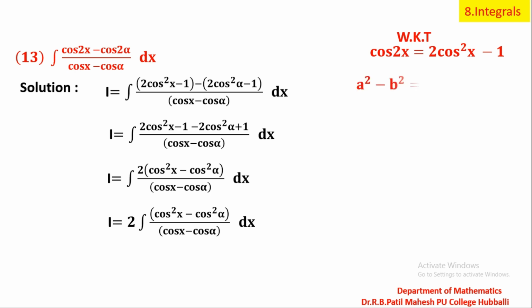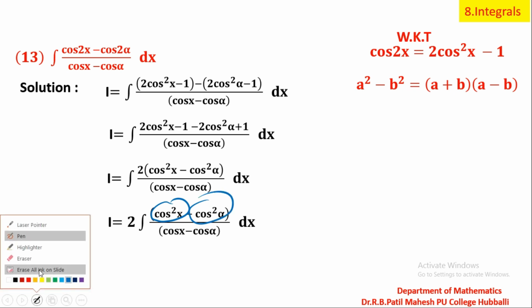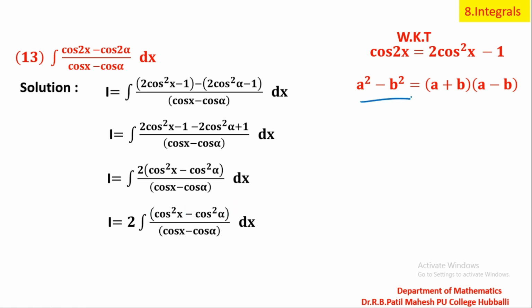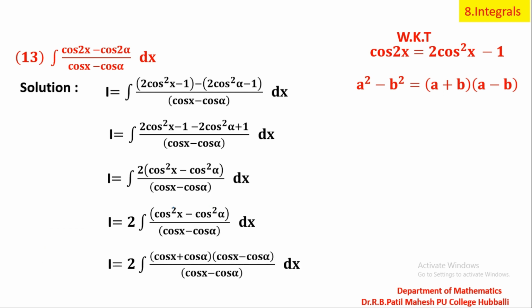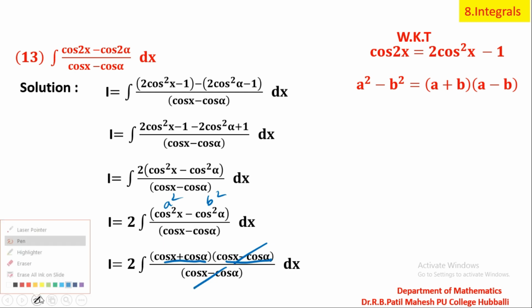And here you understood, I think, the a square minus b square form. So it is better to use the formula of a square minus b square, that is a plus b into a minus b. So I will have 2 into a plus b into a minus b, and cos x minus cos alpha in the denominator will get cancelled.